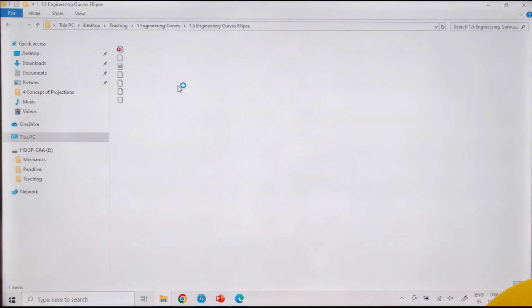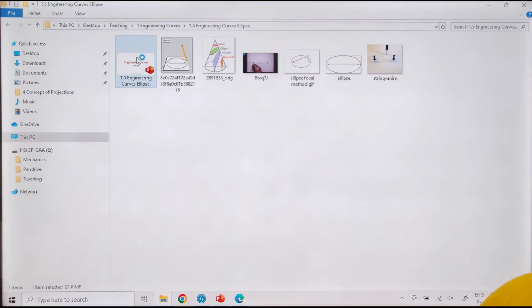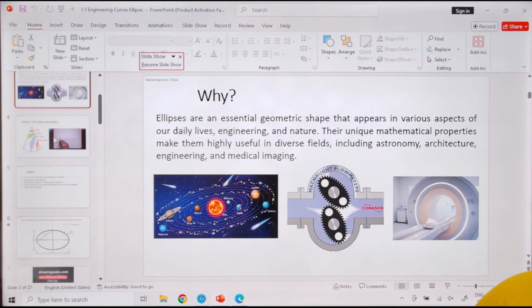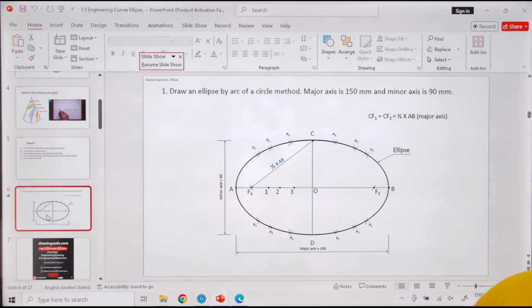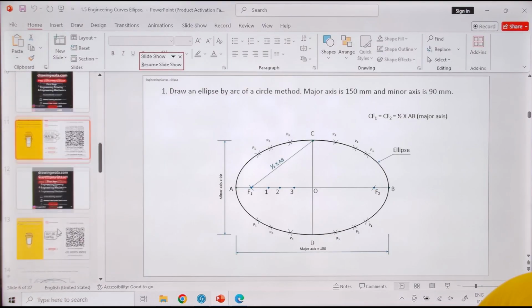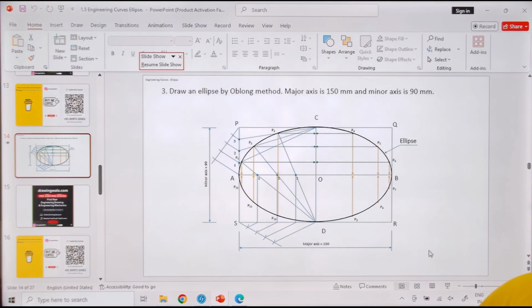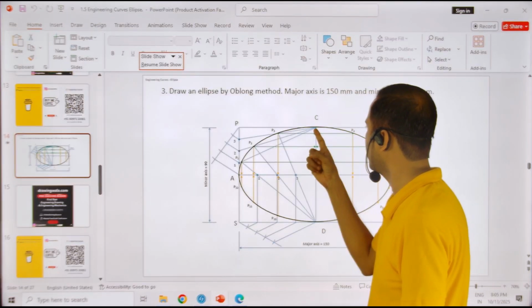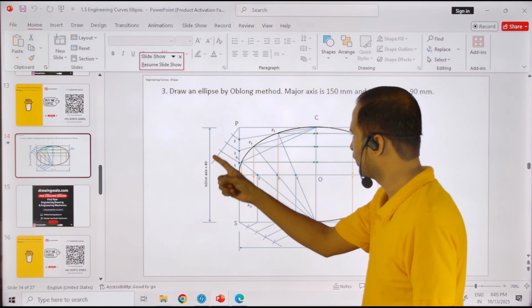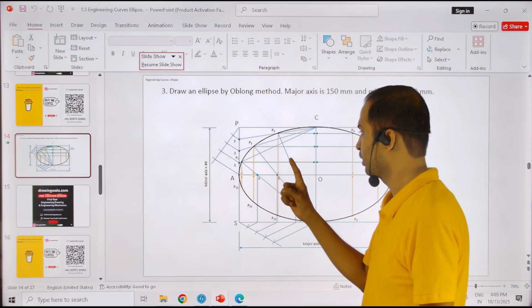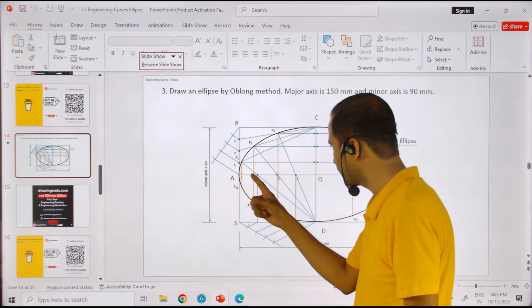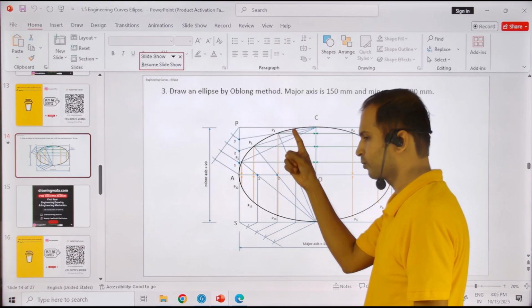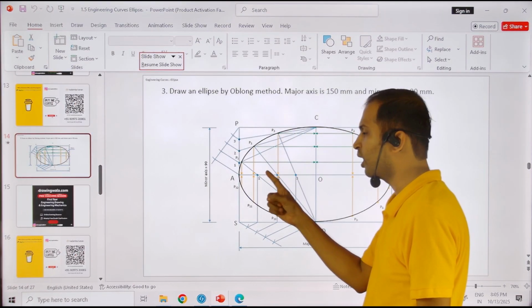You can see in the ellipse, we had taken these projections over here. We had divided this part into 4 equal parts, but we had not extended these things above. We have not taken this line's position up.